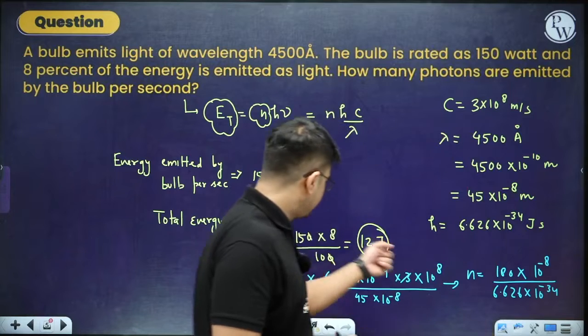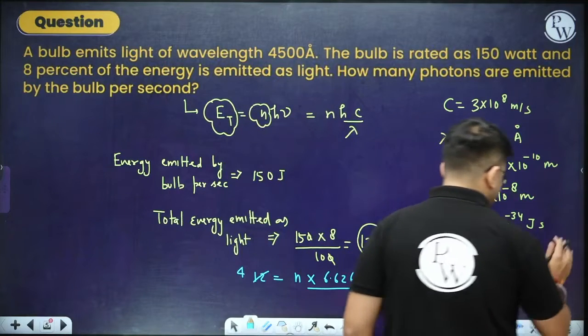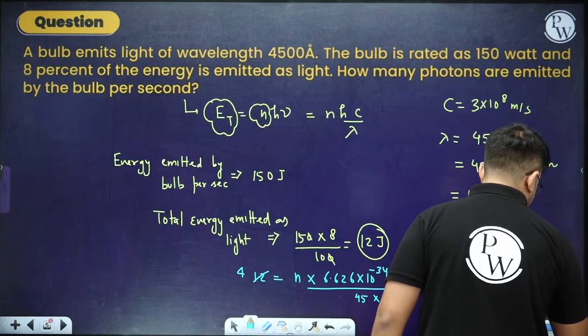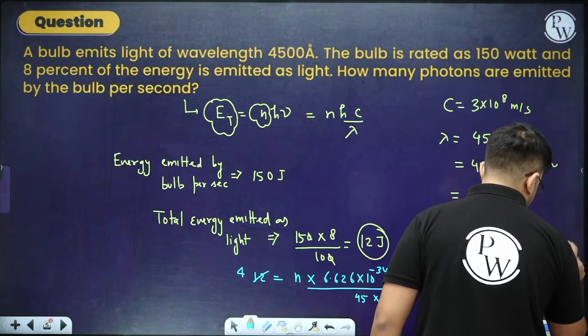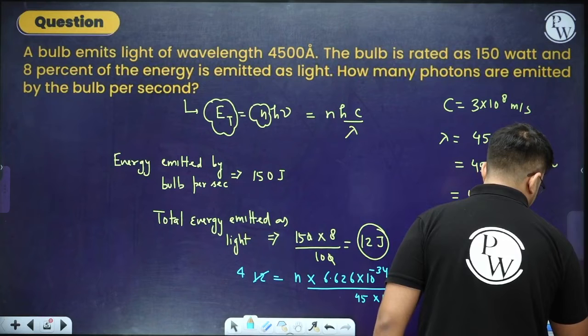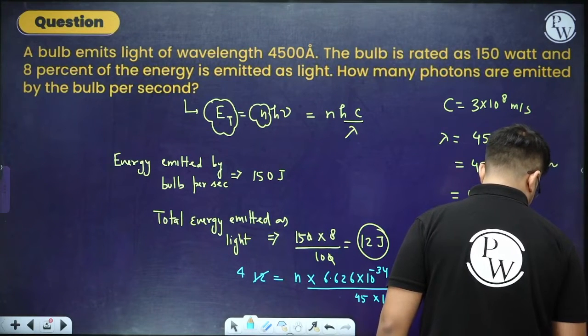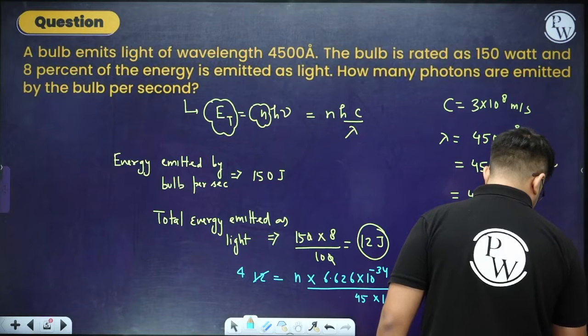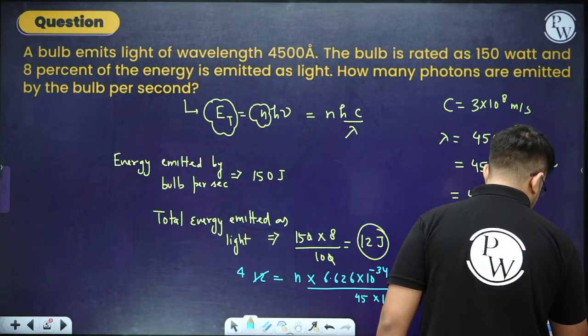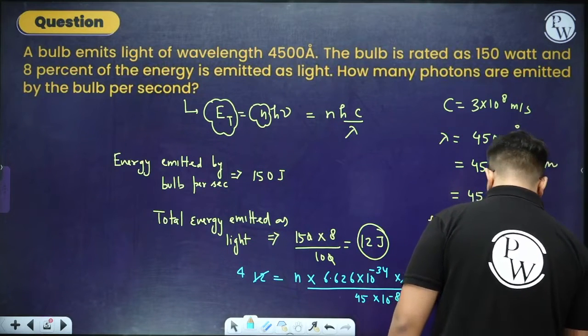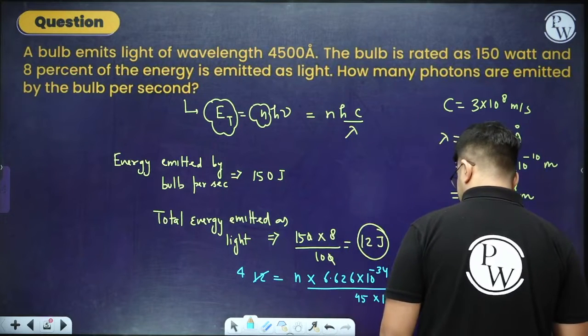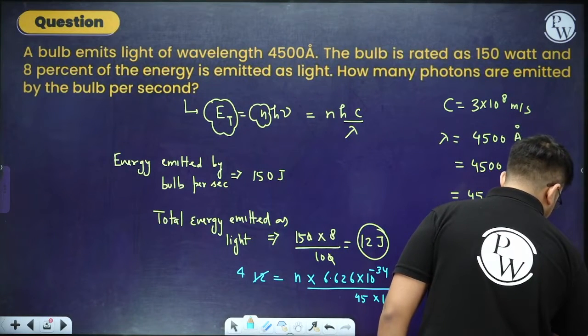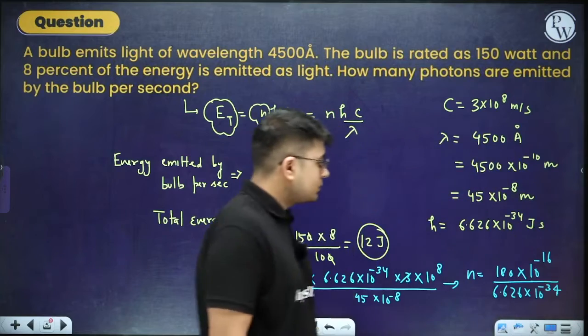Now if I move this part here, that will be minus 8, so minus 8 will be minus 16. So that will be 10^-16 over 6.626 × 10^-34. Okay, I hope this part is clear.